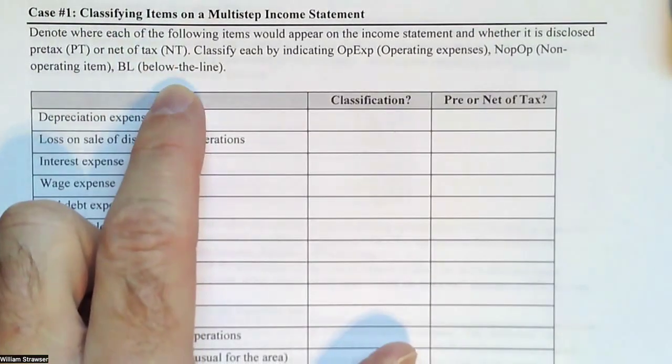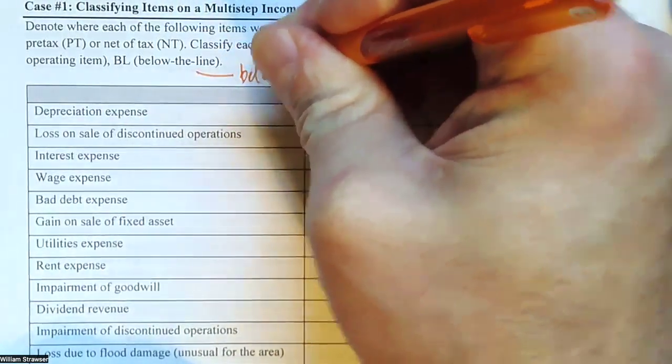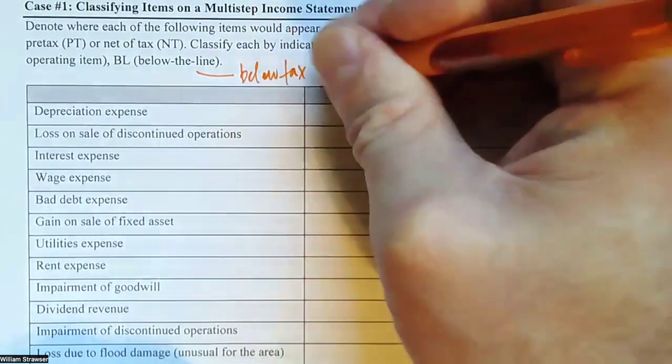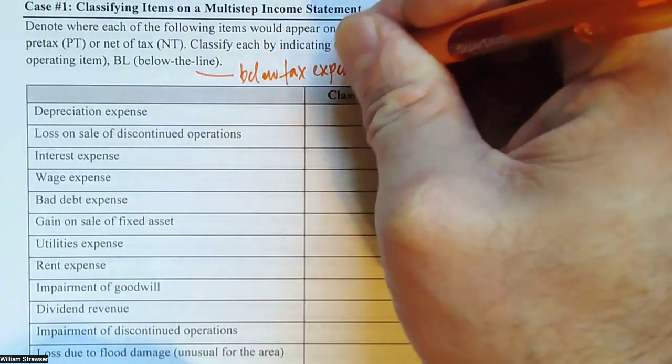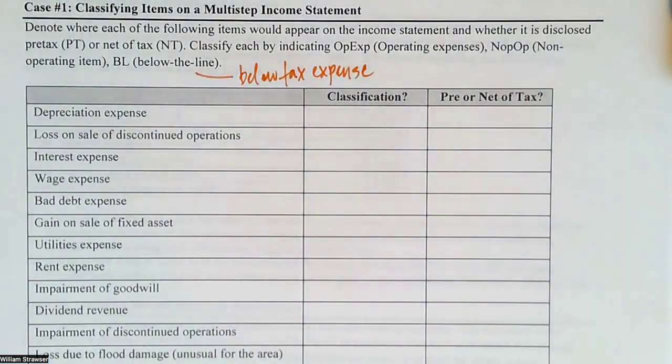The below the line designation means below tax expense. So there's only one item so far that we've talked about that falls below tax expense, and those are the items that have to do with discontinued operations.